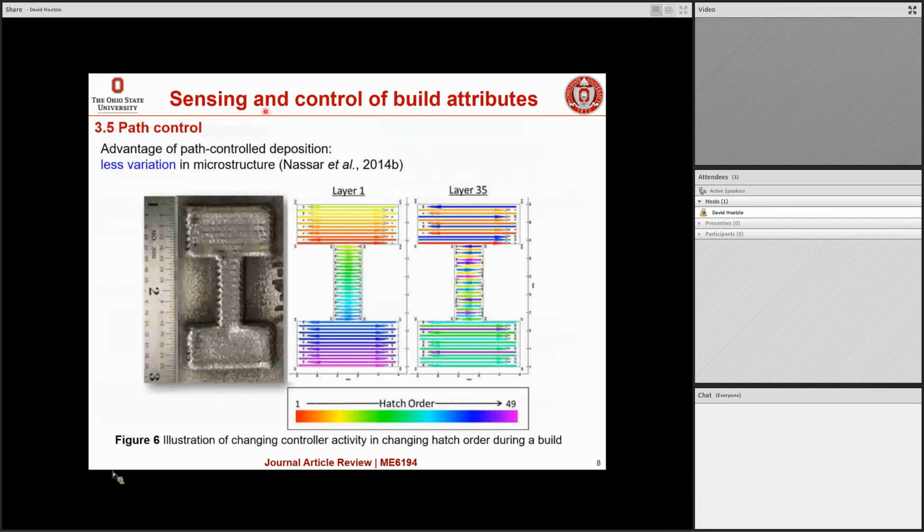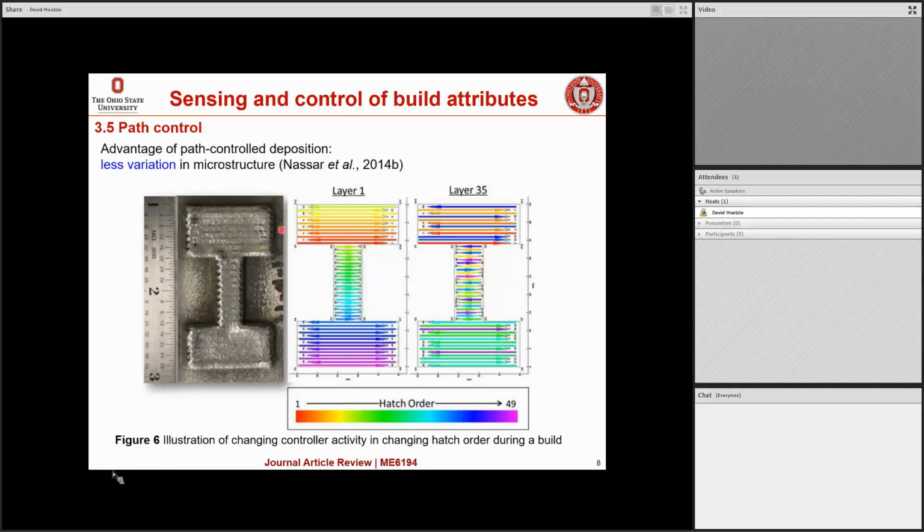The fifth is the path control. The advantage of path-controlled deposition is that the controller will give less variation in the microstructure than non-controlled deposition.